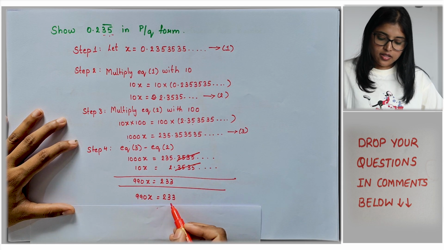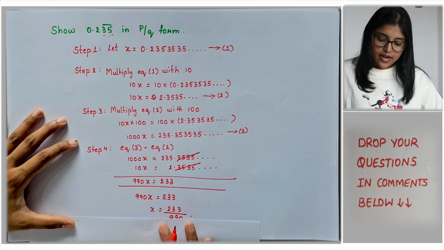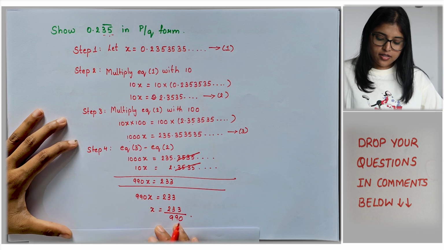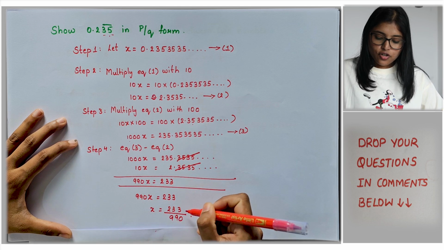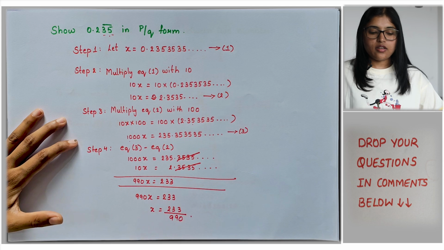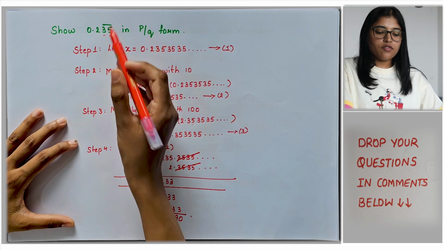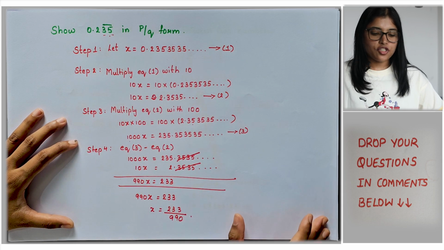So 990x is 233, and if I send the 990 to the other side, I am left with a fraction 233 by 990. So that's how we have converted this decimal into this fraction over here.